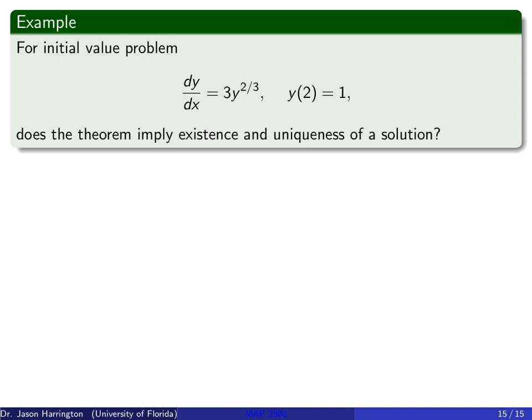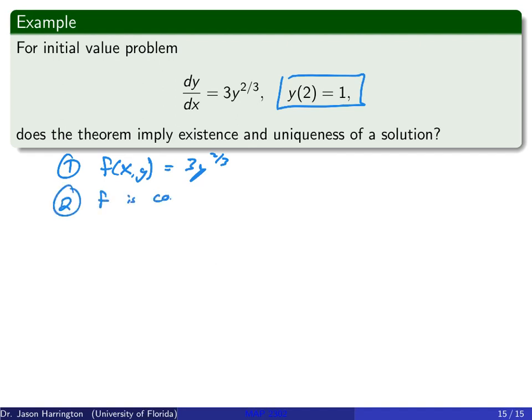Now, this looks just like the similar problem from before, except the only difference is that I changed the initial value condition. And check this out. One, I have f of x comma y is equal to 3y to the 2/3, just like before. Two, f is continuous everywhere, just like before.